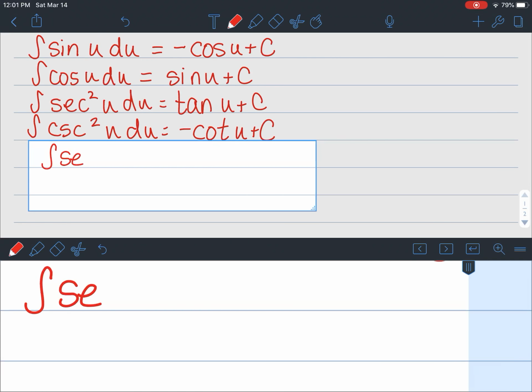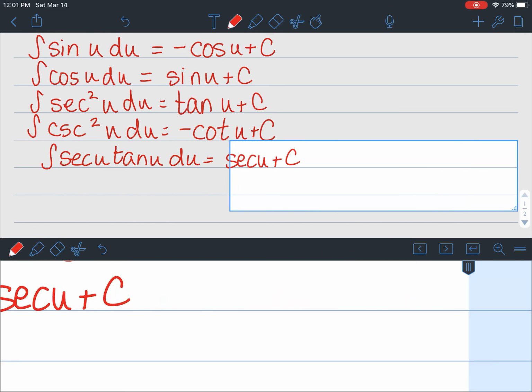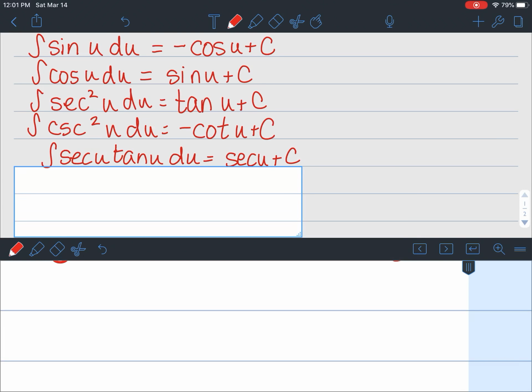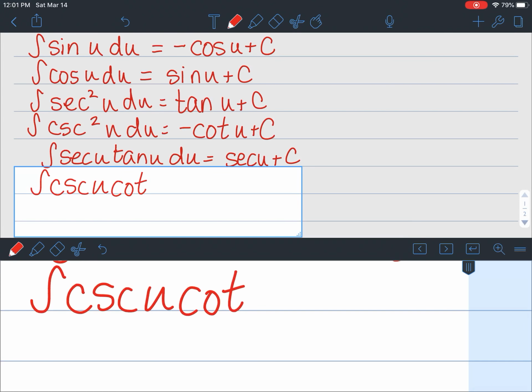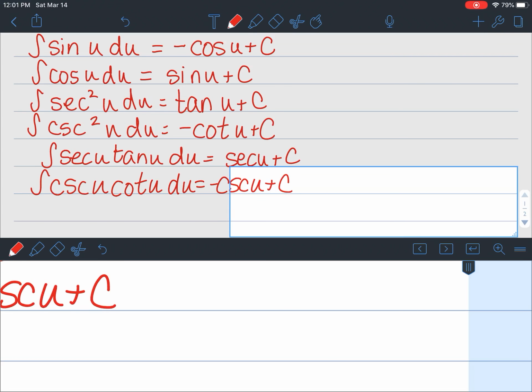The integral of secant u tangent u du equals secant u plus c. And last one, the integral of cosecant u cotangent u du is negative cosecant u plus c.